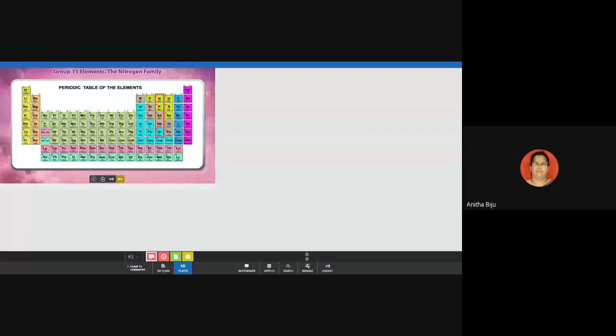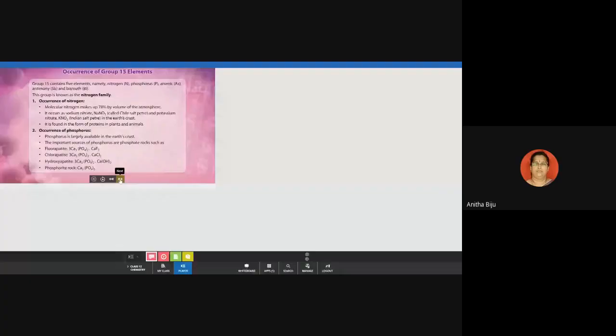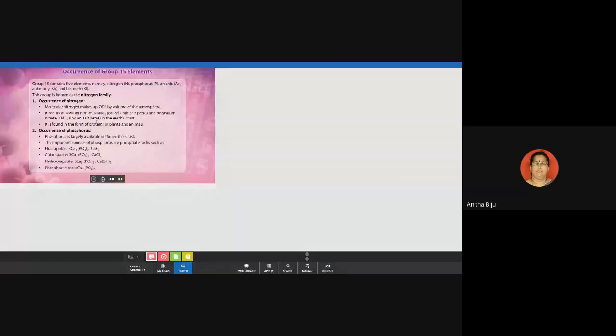So let us think about the remaining points regarding the occurrence of nitrogen. 78% is there. Besides that, nitrogen is also present in the form of compounds like sodium nitrate, known under the name Chile saltpeter. And potassium nitrate, the second source, is also known under another name, Indian saltpeter.